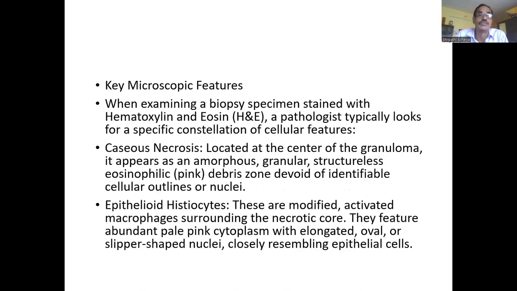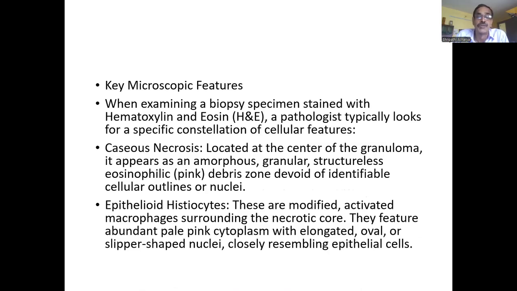Key microscopic features. When examining a biopsy specimen stained with hematoxylin and eosin, a pathologist typically looks for a specific constellation of cellular features. Caseous necrosis: located at the center of the granuloma, it appears as an amorphous granular structureless eosinophilic pink debris zone, devoid of identifiable cellular outlines or nuclei.